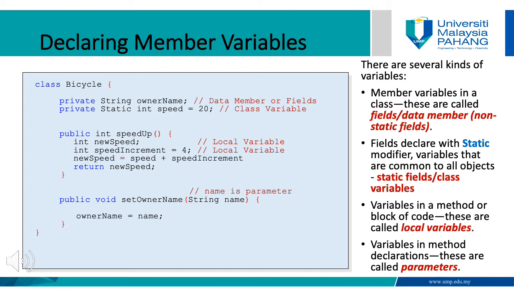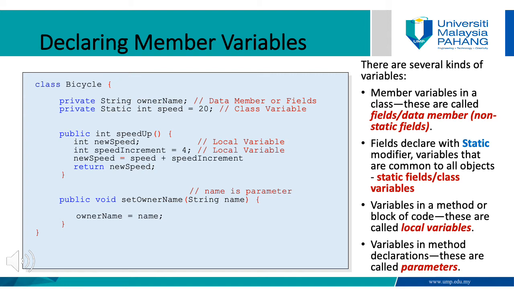The private String ownerName is the data member or field, and the private static int speed equals 20 is the class variable. And all the information in public int speedUp is the local variables. What is a local variable? The definition is right here.